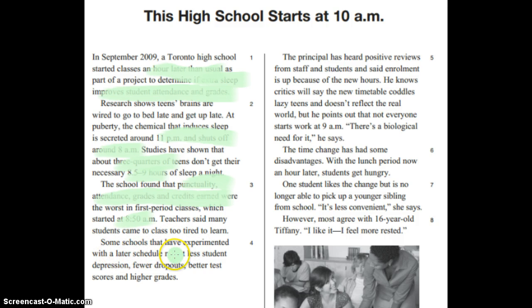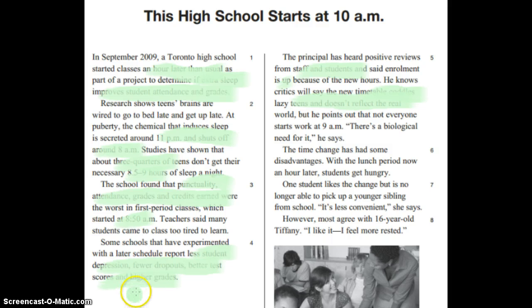Some schools that have experimented with a later schedule report less student depression, fewer dropouts, better test scores, and higher grades. The principal has heard positive reviews from staff and students, saying enrollment is up because of the new hours. He knows critics will say the new timetable coddles lazy teens and doesn't reflect the real world, but he points out that not everyone starts work at 9 a.m. There's a biological need for it, he says.